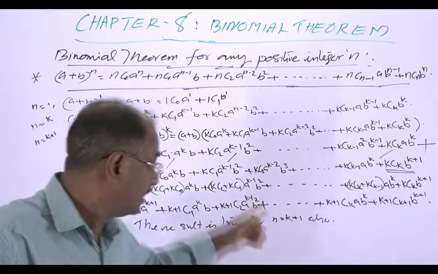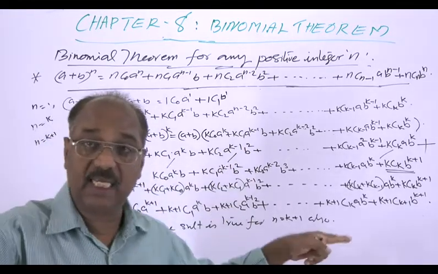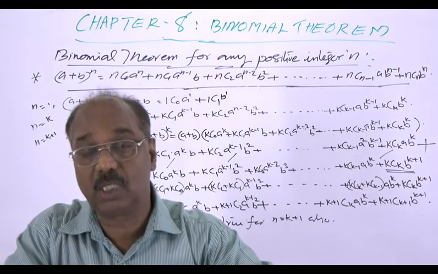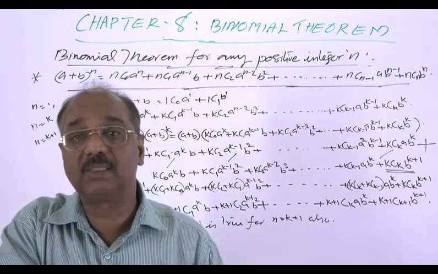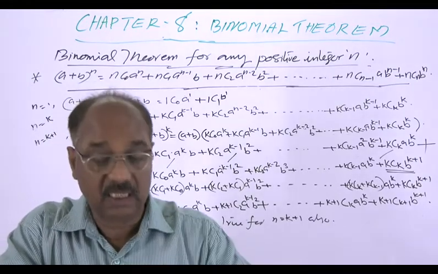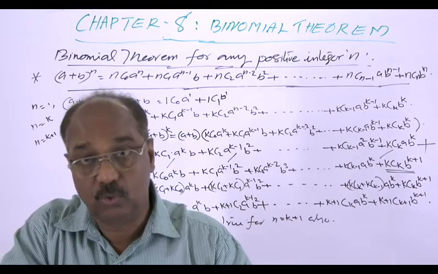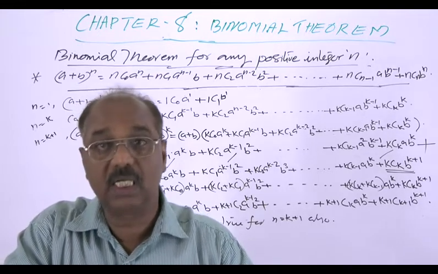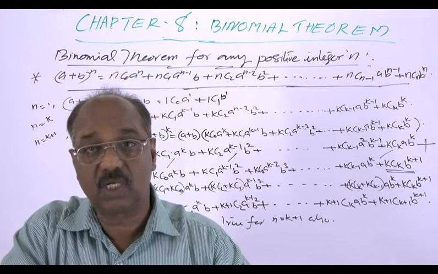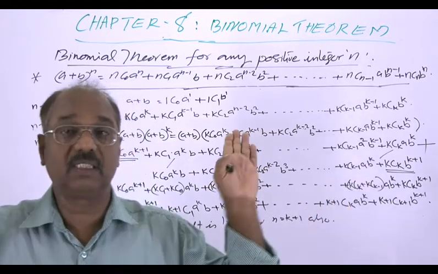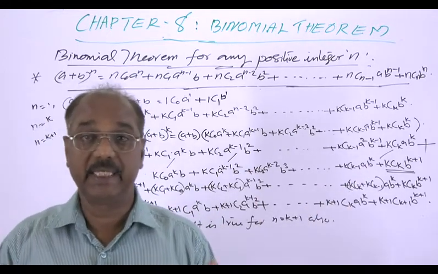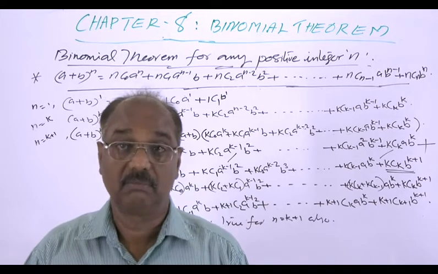And therefore, if it is true for n equal to k, it is true for n equal to k plus 1 also. That implies the result is true for 1 plus 1 equal to 2 also, 2 plus 1 equal to 3 also, 3 plus 1 equal to 4 also, and that is for all values of n the theorem is true. So this is the binomial theorem.